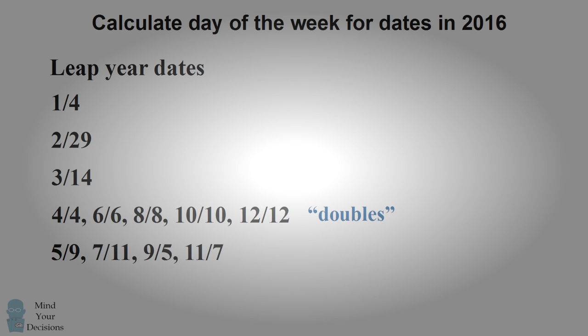In even months that are 4 or higher, the value to remember are the double days where the day value equals the month value. For the last line of dates, you can think about the phrase, I work from 9 to 5 at 7-Eleven. This will give you the dates 9/5, 7/11, and you can swap the numbers to get 5/9 and 11/7.